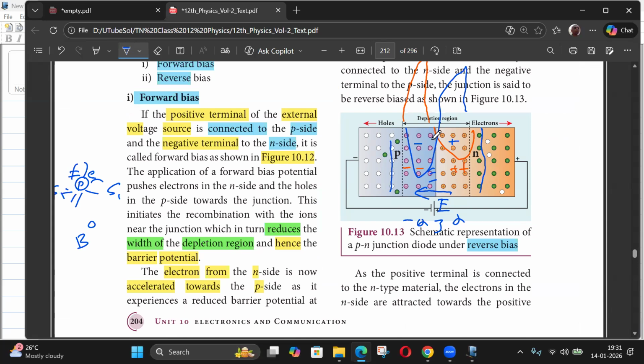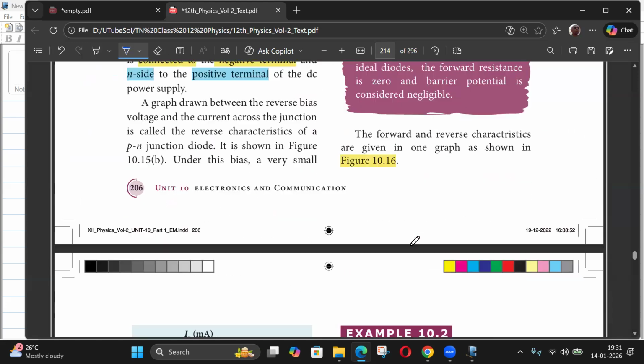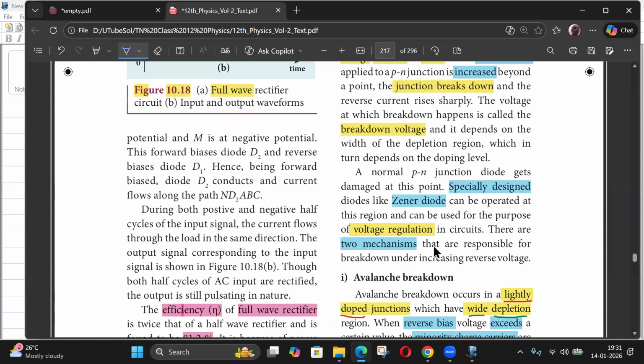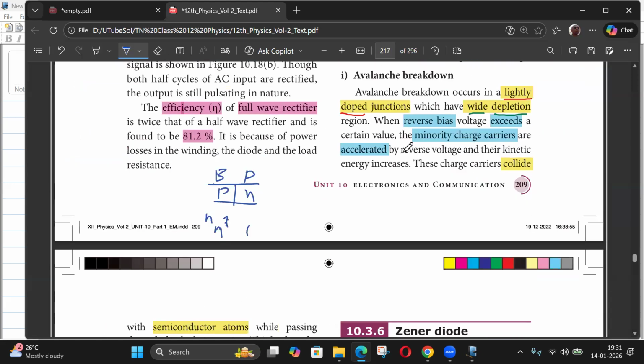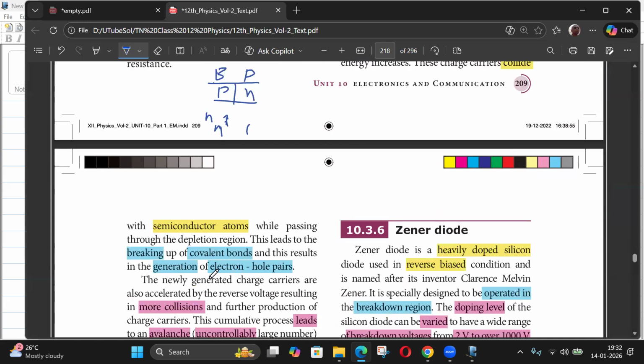If it is strongly doped, only a small amount will produce that many holes. So if it is lightly doped, for the same voltage, the width of the depletion region will be large. So in reverse bias there is a wide depletion region, and these charge carriers will collide with the semiconductor, breaking the covalent bonds because the electric field is high. This will produce electron-hole pairs, which will start to conduct.